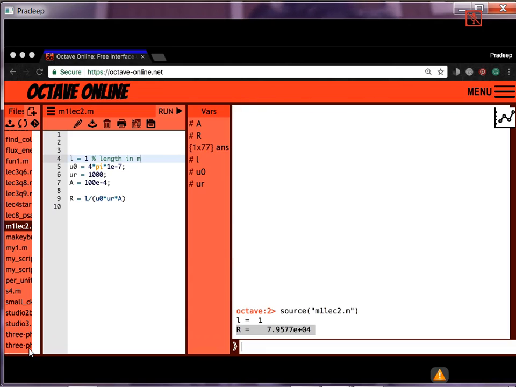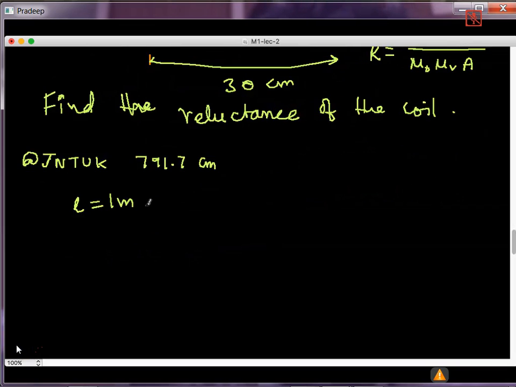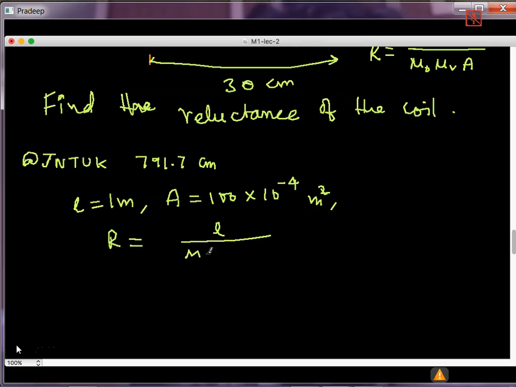So let me shift that answer to my blackboard. Area is 100 into 10 power minus 4 meter squared. So therefore R is nothing but L by mu naught mu r A. By the way, I am forgetting the air gap here.